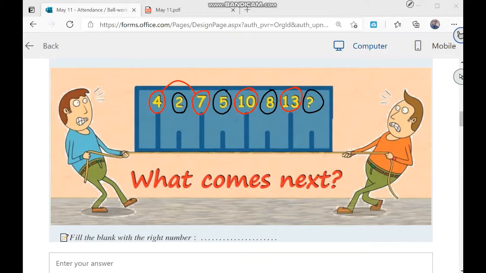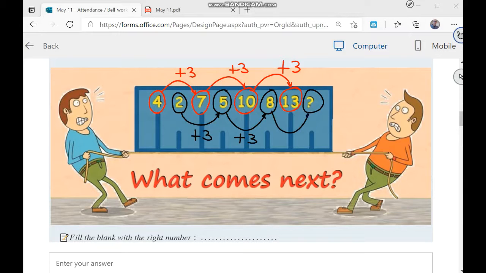Check this. From 4 to 7, we have to add 3. From 7 to 10, we have to add 3. From 10 to 13, more 3. What about the other sequence? From 2 to 5, add 3 again. From 5 to 8, plus 3.